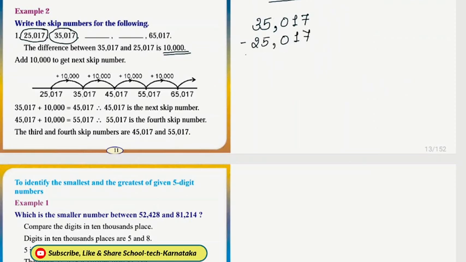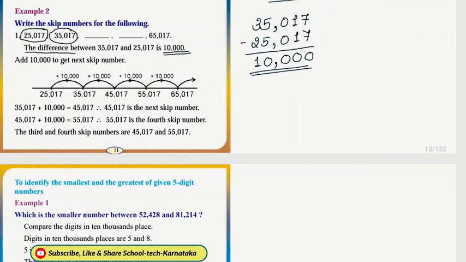25,017. If we subtract these both, we get 7 minus 7 is 0. 1 minus 1 is again 0. 0 minus 0 is 0. 5 minus 5 is 0. And 3 minus 2 is 1. This is 10,000. That is why it is written here.